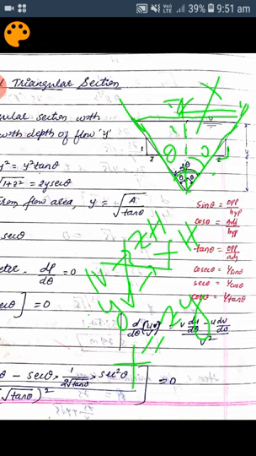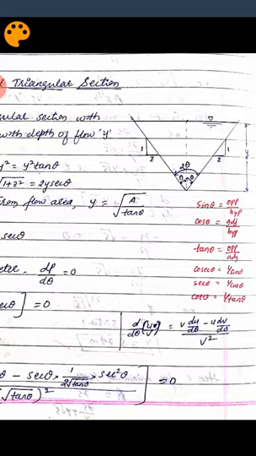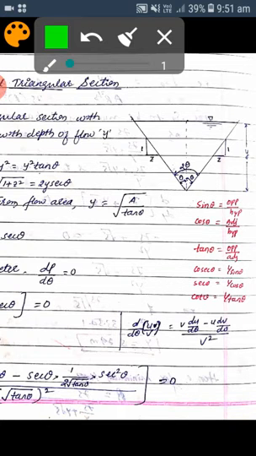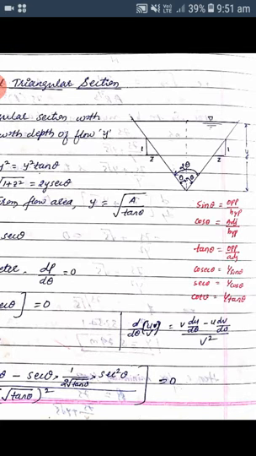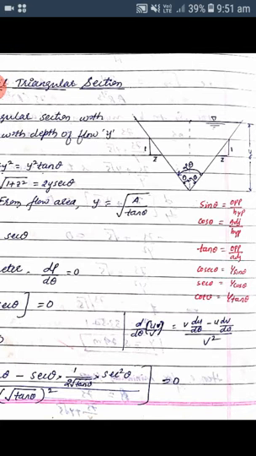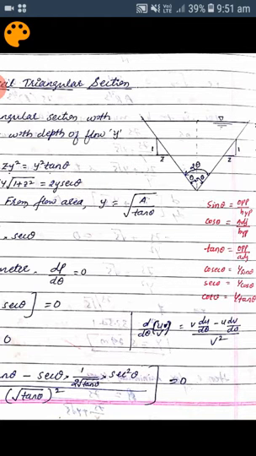I'll repeat once again. For one vertical, z is horizontal.